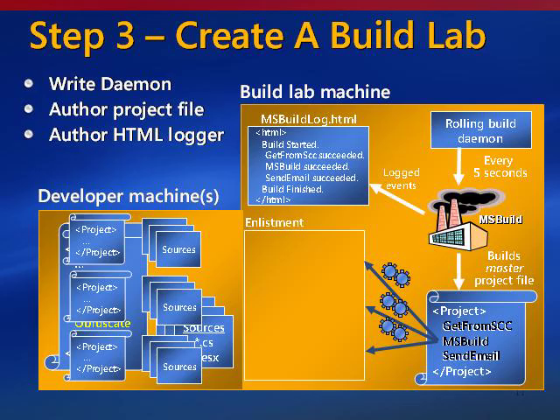Let's go back to the actual master project file. This master project file is really responsible not for the build itself, but really for the build orchestration. As we're going to take a look at it in a little bit, it's going to first sync to my source code control. It's going to sync all of these sources as well as my project files to a local enlistment in my build lab machine.